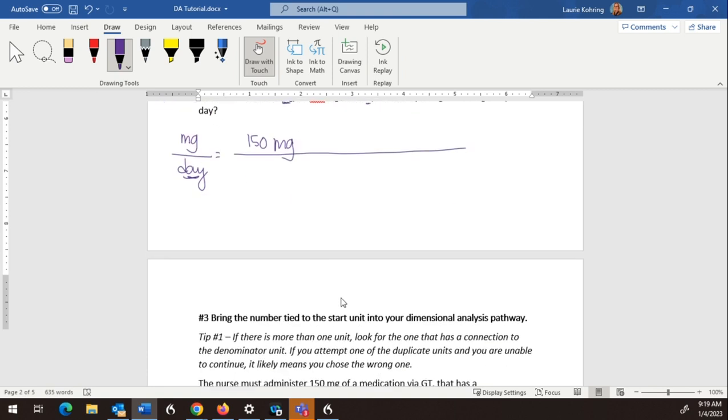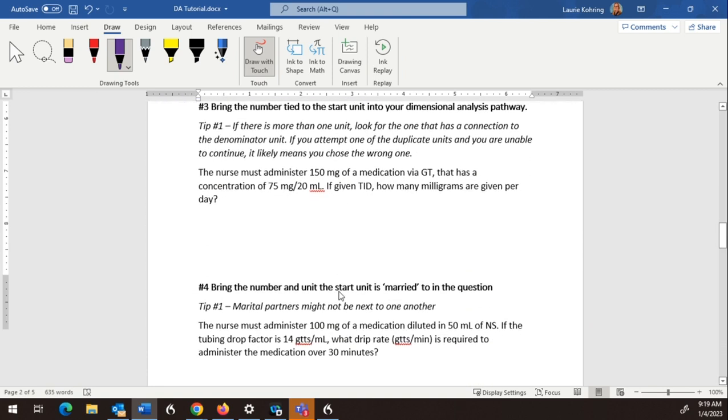All right. Now the next step is going to be whatever number we pull into the question, we need to then bring its baggage. And that's what I go over in this step 4, but we'll demonstrate it up here just for some more practice. So again, I'm going to go to the last sentence and I have milligrams per day.